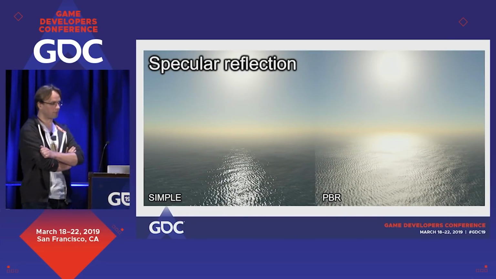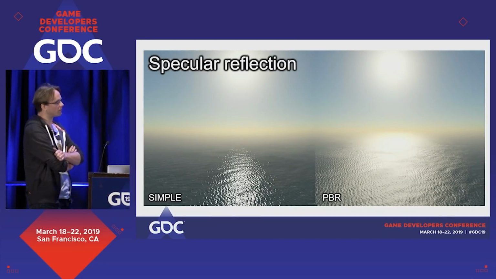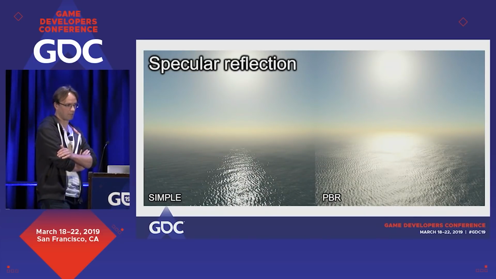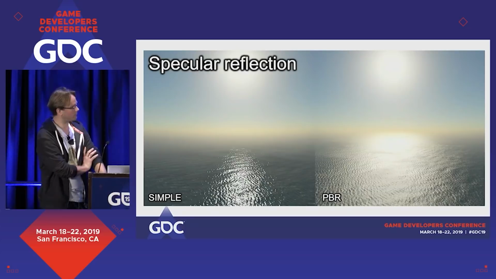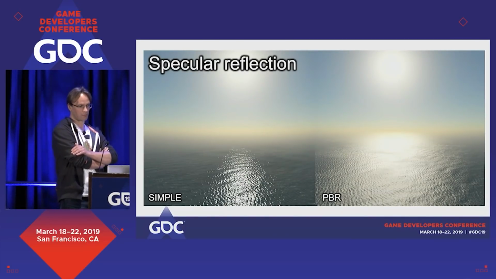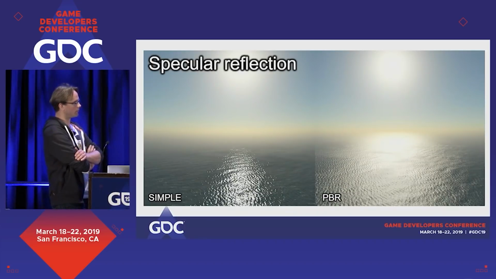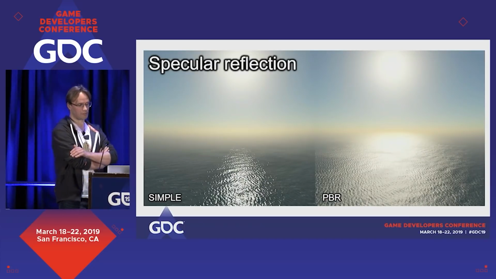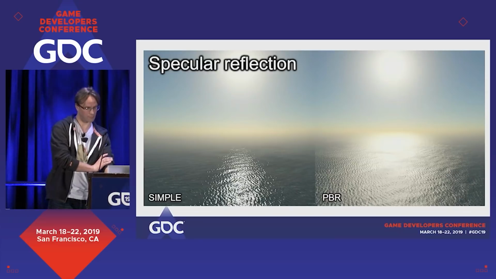This is how the specular reflection looks with simple calculation, just vanilla specular, and with PBR on the right. And the picture on the right is obviously much, much more correct. And what is also good about it is that the specular does not sparkle. It's not noisy. It's anti-aliased and it's smooth at any distance to the ocean surface.